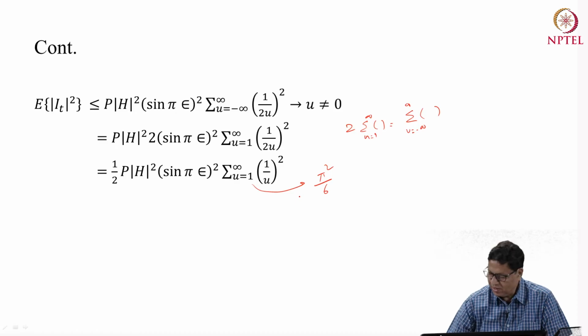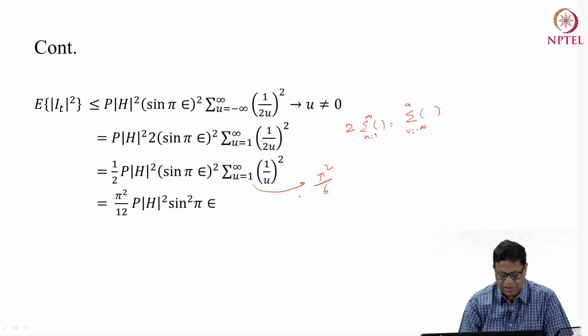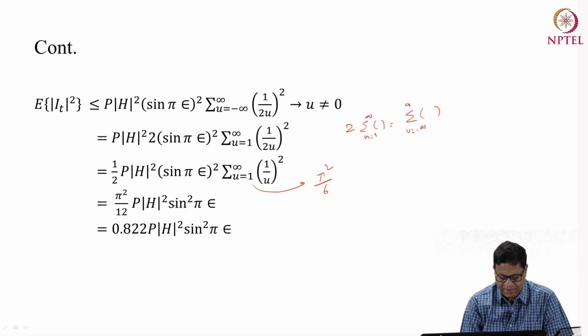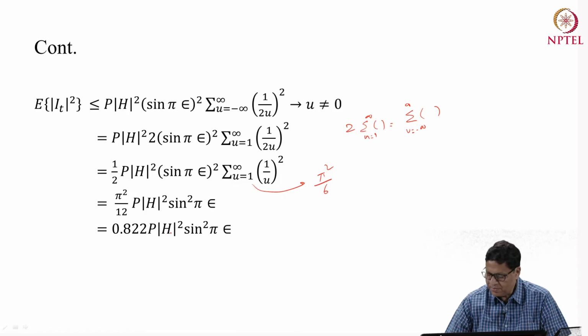So putting this value, the total expression becomes π²/12 times the power in the data symbol, the average value of the channel coefficient for different subcarriers, times sin²(πε). This can be further simplified to 0.822 P|H|² sin²(πε).